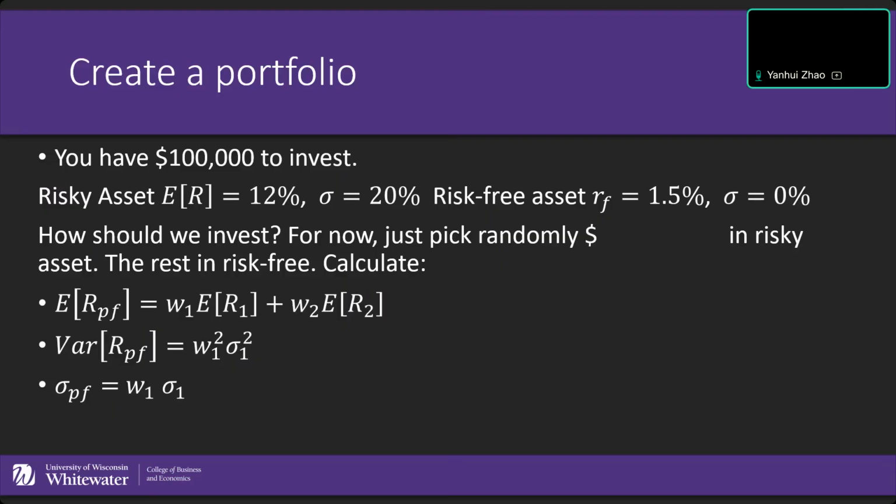Okay. We're going to use this long formula in chapter 6. But right now, in chapter 5, for the risk-free asset the standard deviation is just equal to 0. So this one is 0, this one is 0. What is left is weight 1 squared sigma 1 squared.